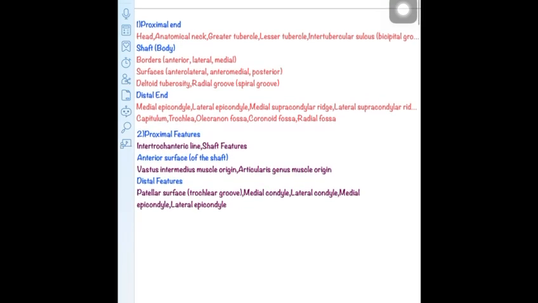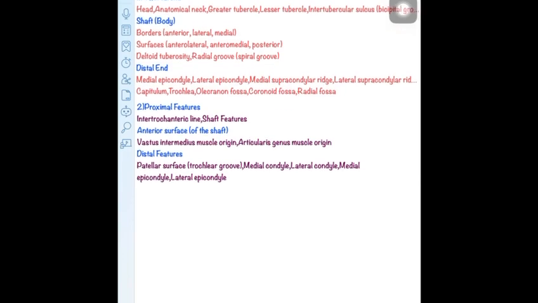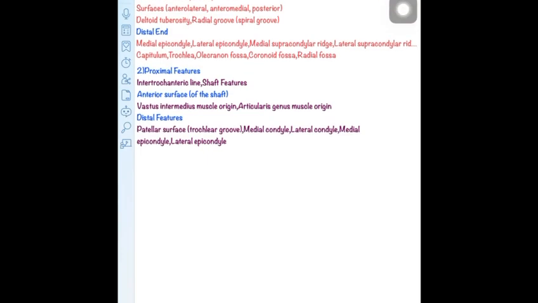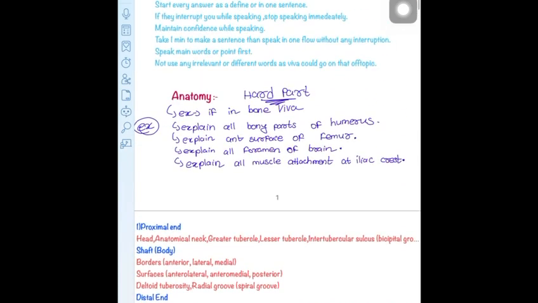As we know, in the humerus, the proximal end includes the head, anatomical head, greater tubercle, lesser tubercle, etc. Then you have to speak shaft, body, borders, anterior, superior, anterior, lateral, medial, then surfaces, then deltoid tuberosity, radial groove, spiral groove, etc. Distal end where medial epicondyle, capitulum, trochlea, lateral epicondyle, medial supracondylar ridge, etc.